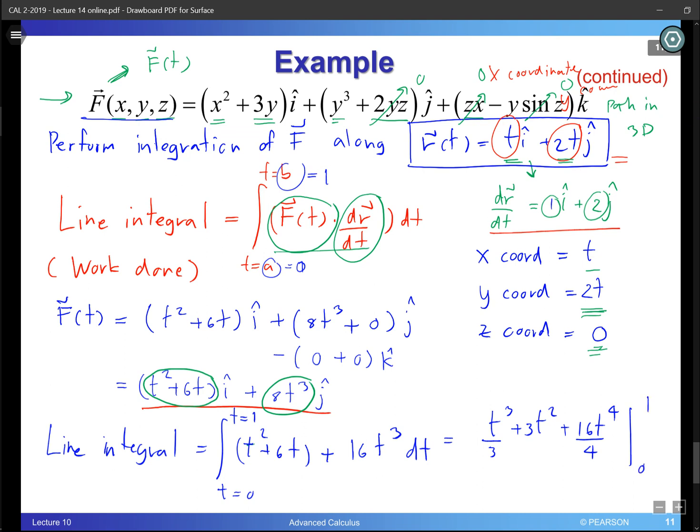So cancel this, we have 4. 1 goes in, we have 1 over 3. 1 goes in, we have 3. 1 goes in here, we have 4. And at 0, everything goes to 0, so minus 0. So in the end, the line integral of this vector field along this path is equal to 7 and 1 over 3. That is the answer right here.